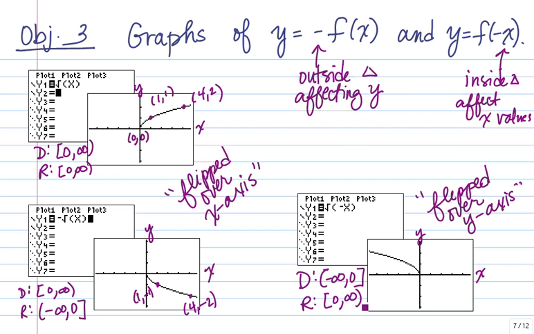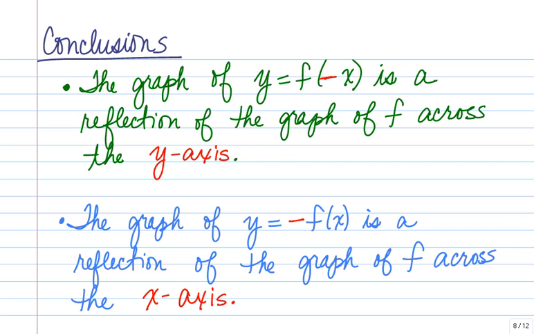Okay? So let's make a conclusion here about the true name that we can call this. The graph of y is equal to f of negative x is a reflection of the graph of f across the y-axis. So when we're inside changing the x values, we're reflecting across the y-axis, because if you think about this, if my x values are positive here, when I flip them over the y-axis, they become negative.